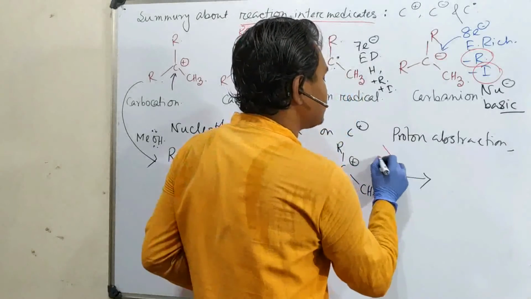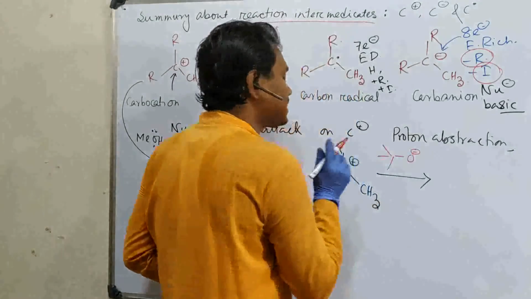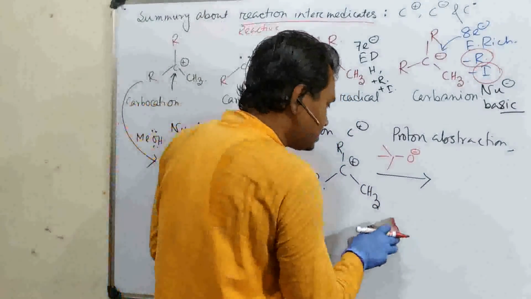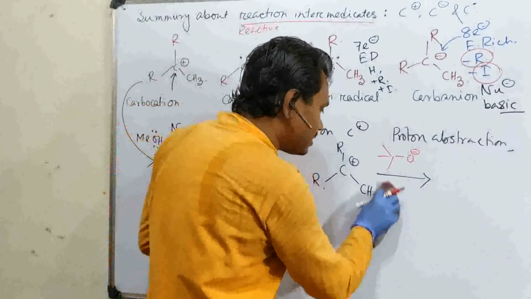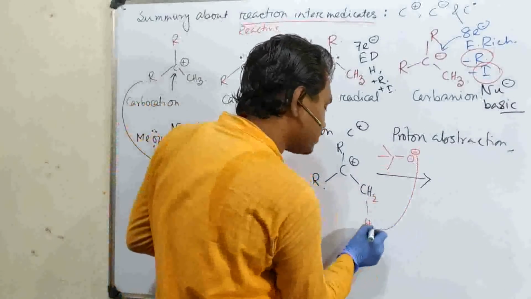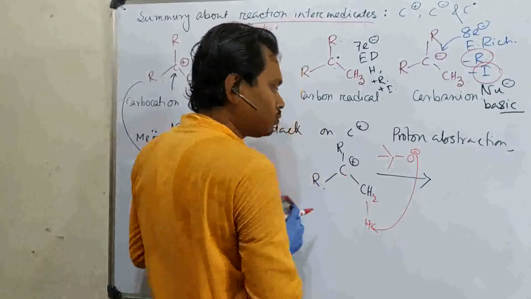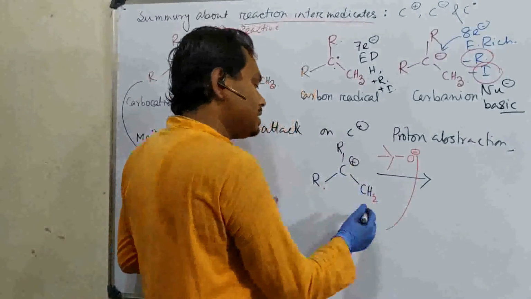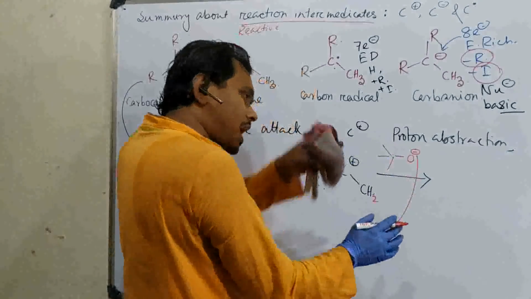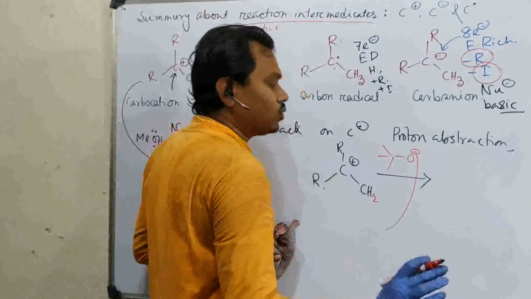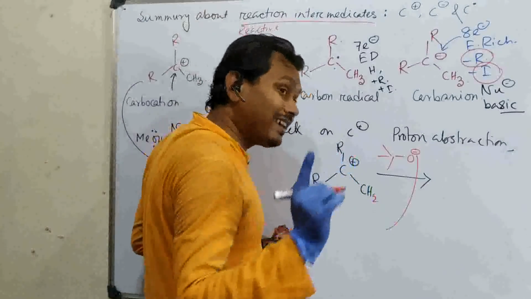It's a bulky reagent, so it cannot attack here as a nucleophile. Consequently, instead of substitution, it can abstract this proton. If it abstracts this proton, there will be a negative charge. Actually, it happens at the same time. Actually, this is not like that, the negative charge will not stay here, that doesn't exist. But for your understanding, I am telling.